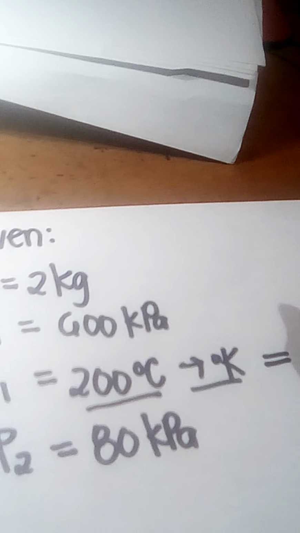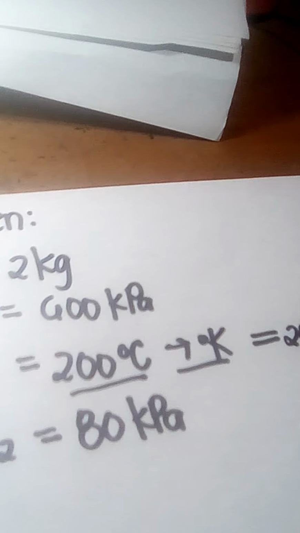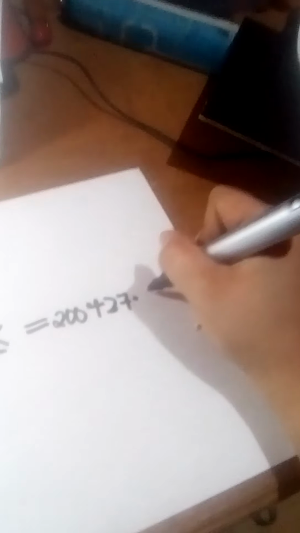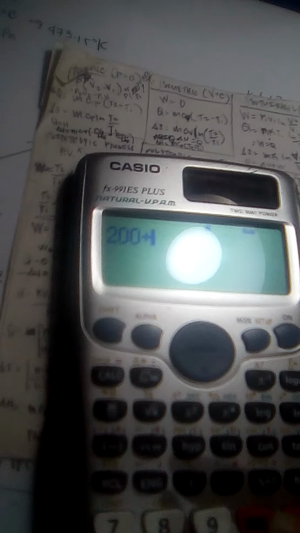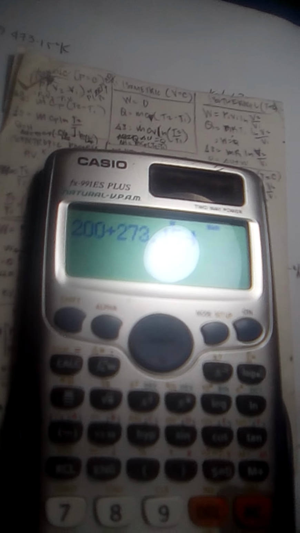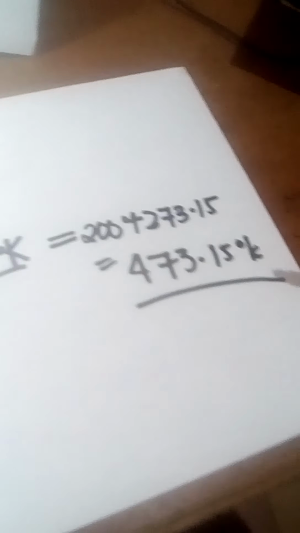Therefore, 200 degrees Celsius, or 200 plus 273.15, is equal to 473.15 degrees Kelvin. This is the value of the initial temperature.